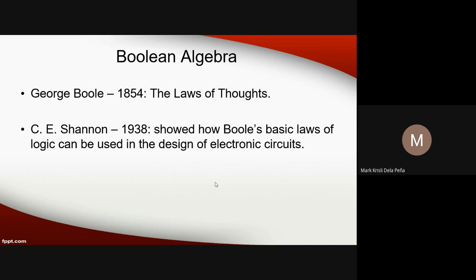For example, C. E. Shannon in 1938 showed how Boolean algebra, the basic laws made by George Boole, can be used in the design of electronic circuits, which we are now using. Especially when we go to logic circuits, we will be able to appreciate the laws of Boole, or what we call Boolean algebra.